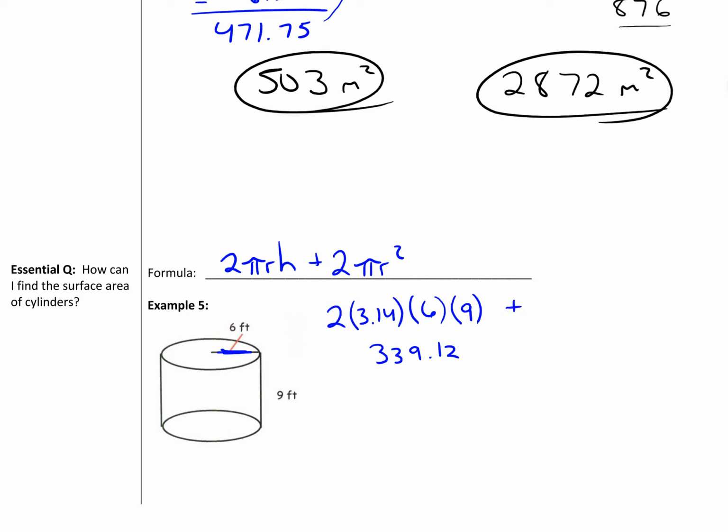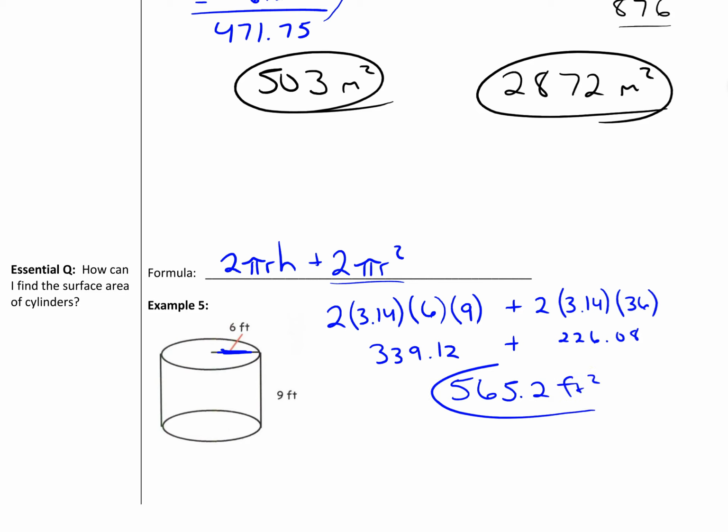And we want to add that to 2 pi r squared, so that's 2 areas of the base. 2 times 3.14 times 6 squared, which is 36, and that's 226.08. If we add those together, we get 565.2 feet squared.